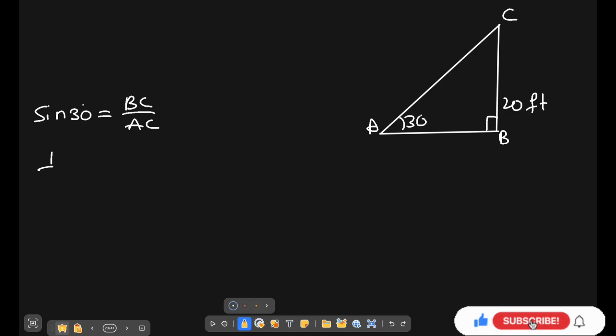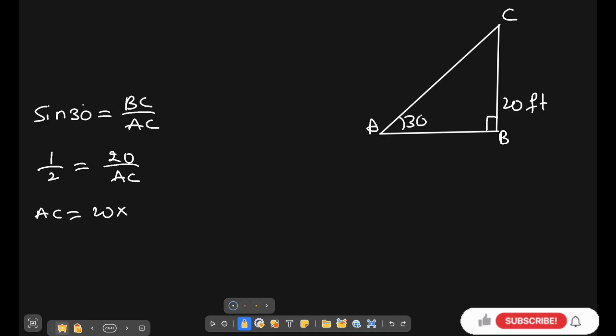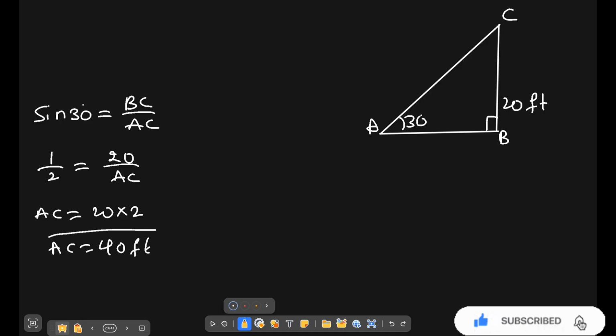Sine 30 is 1 by 2. So BC is 20, and AC is what we have to find. Now 1 by 2 equals 20 by AC. If you bring AC to the left side, and send 2 to the right, it becomes 20 into 2. So AC is 40 feet.